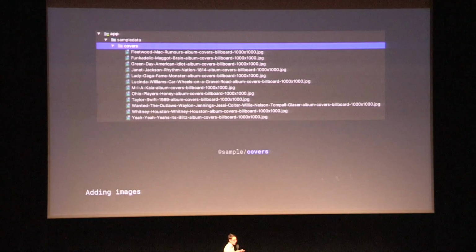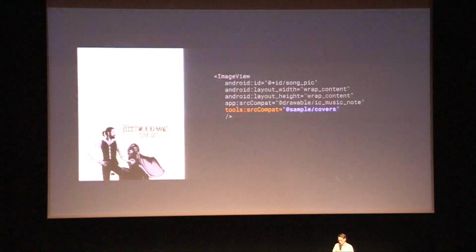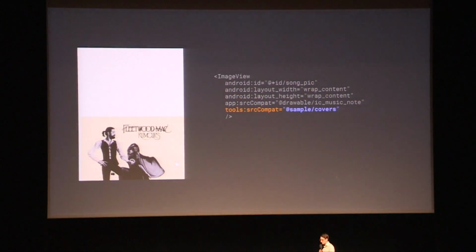And now, if I use covers as the name of the sample data resource, so if, let's say, in a tools image source attribute, I can use @sample/covers, and then it picks a different image every time. And this is what I did here. In my image view, I used for the source, in the tools attribute, @sample/covers, and now it should use a different image every time.